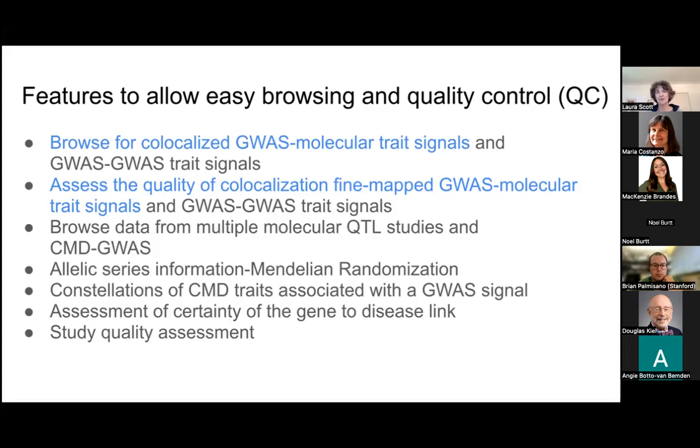Ability to browse colocalized GWAS molecular trait signals and GWAS trait, assess the quality of these colocalizations, browse from multiple QTL studies. We just have to extend what we load, basically. Look at allelic series information using Mendelian randomization, find constellations of CMD traits associated with the GWAS signal from one of those, assess the certainty of the gene to disease link, and study the quality assessment.